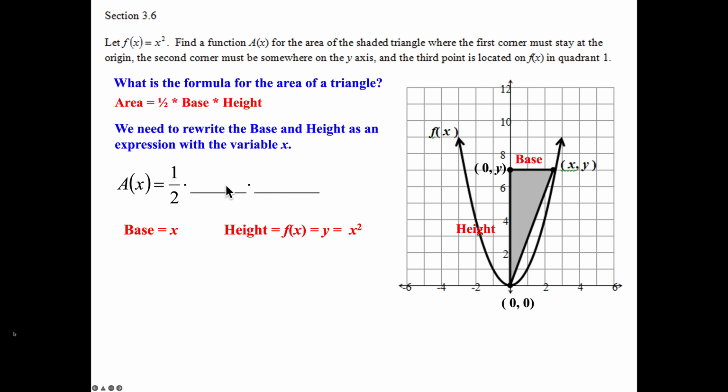And when we go base times height, we'll have x times x squared. Multiplying those together gives me x cubed. And now here's the function that will find the area of any triangle with these conditions based on this x coordinate somewhere on that parabola in quadrant 1.